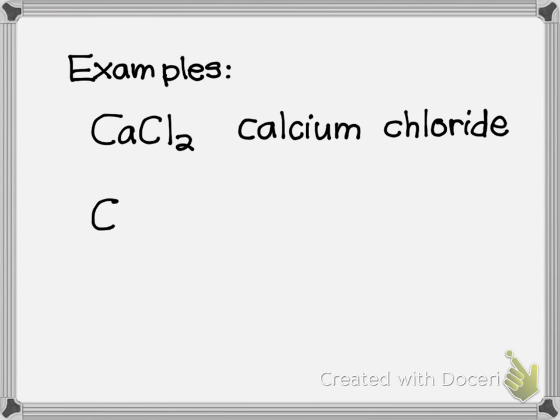Now what if I have an example like this? So I know that this is a metal and a nonmetal. Remember, the first step is I have to say what type of elements. So I thought, okay, it's a metal and a nonmetal, so I know it's ionic. Then I look and I think copper. Copper's a transition element, and copper can have two charges, a +1 and a +2.